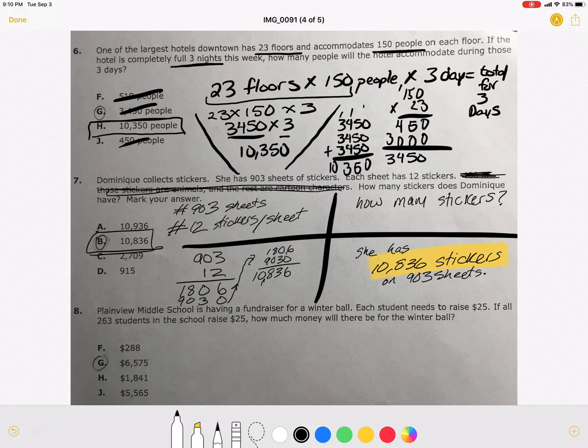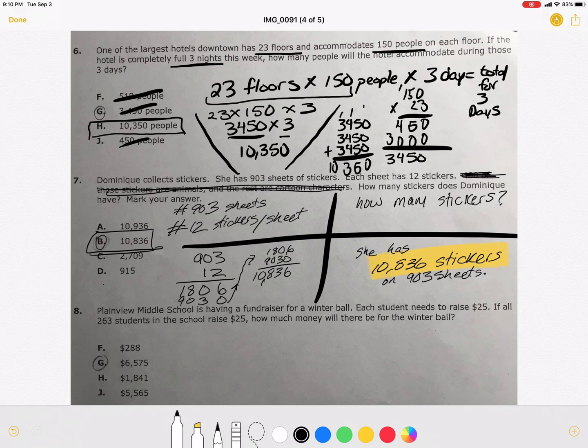All right. Number 8. Plainview Middle School is having a fundraiser for a winter ball. Each student needs to raise $25. If 263 students in the middle school raise $25, how much money will there be for the winter ball?